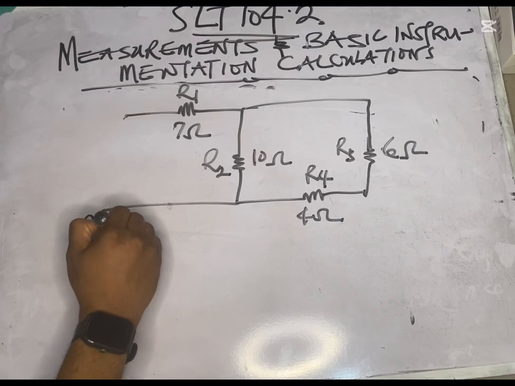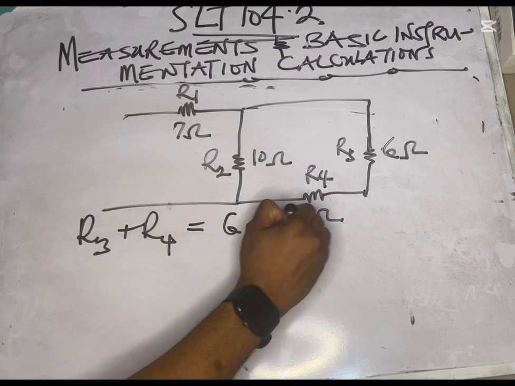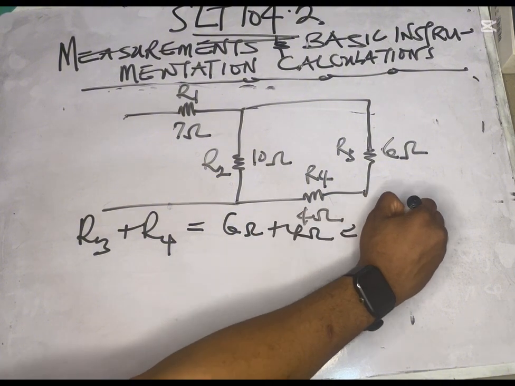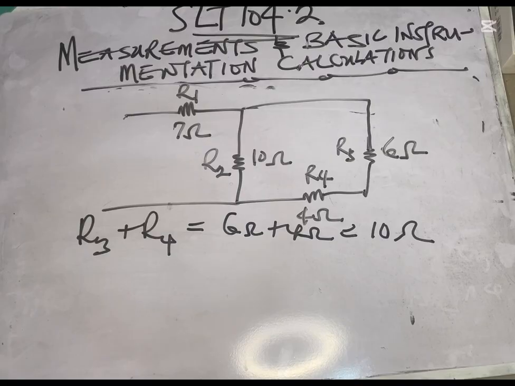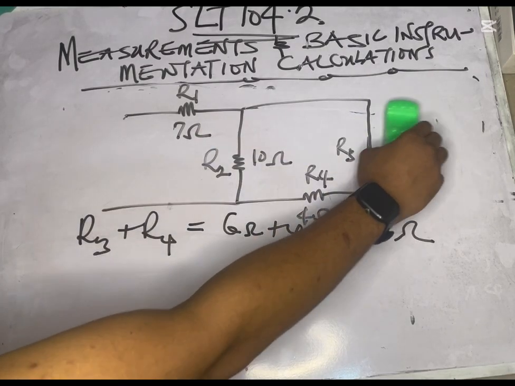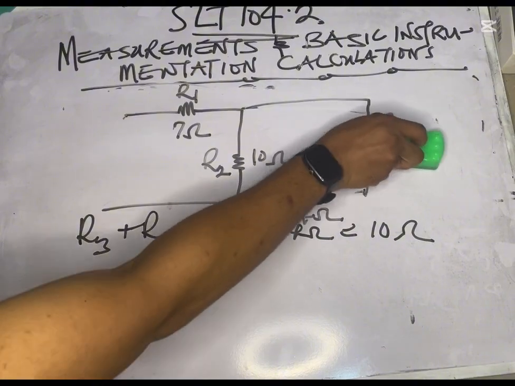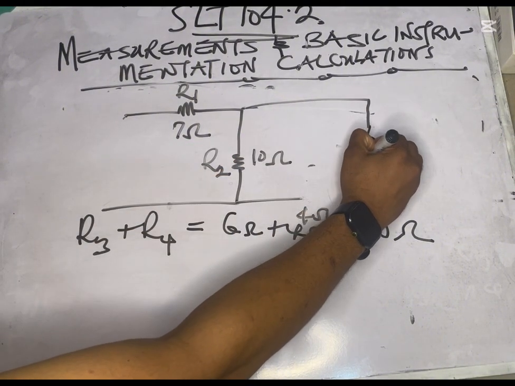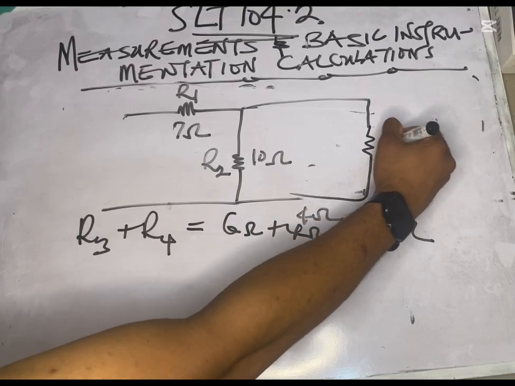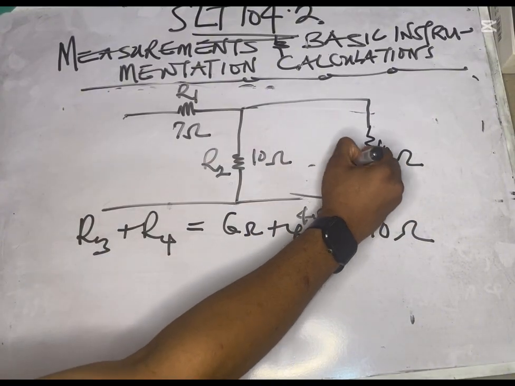R3 plus R4 will just be 6 ohms plus 4 ohms, which will give you 10 ohms. So you've been able to resolve R3 and R4, and you now have one resistor here which is 10 ohms. Let's just call this R5.